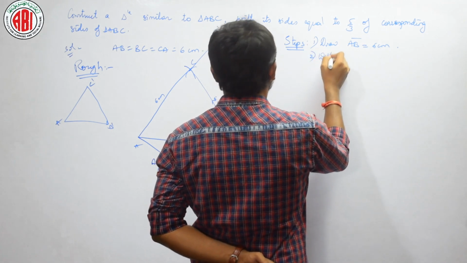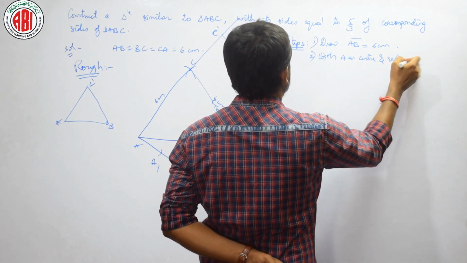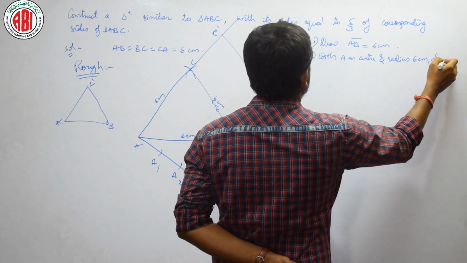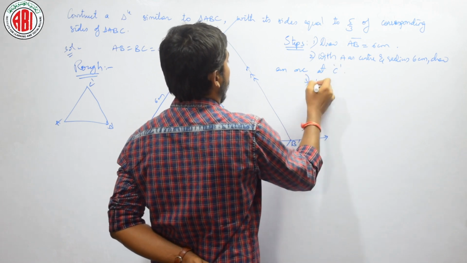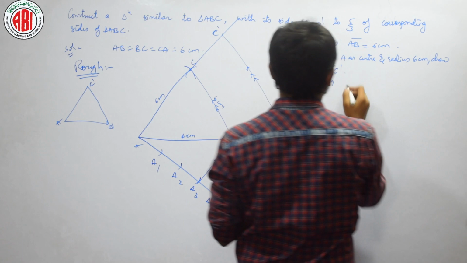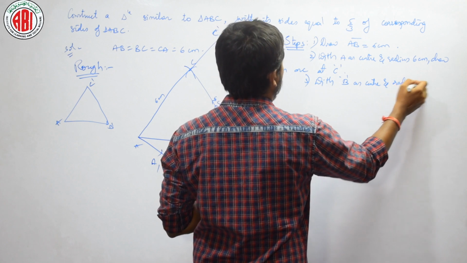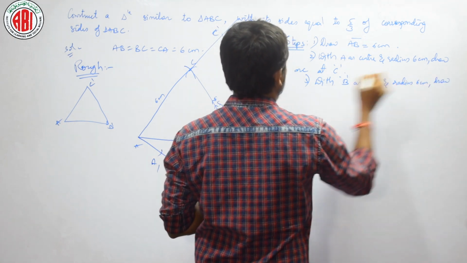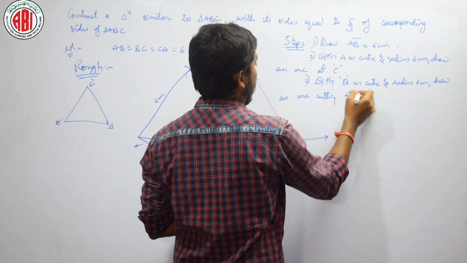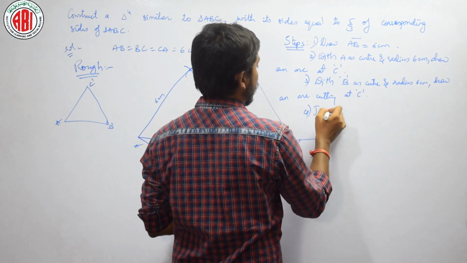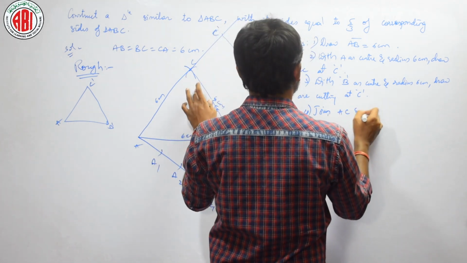Second, with A as center and radius 6 centimeter, draw an arc at C. Third point, with B as center and radius 6 centimeter, draw an arc cutting previous arc at C. Now, fourth step is join AC and BC.